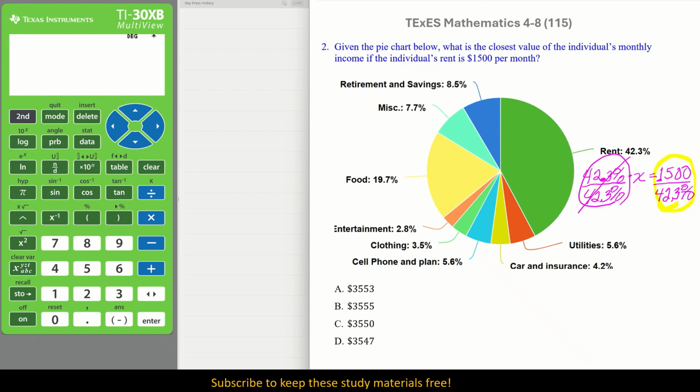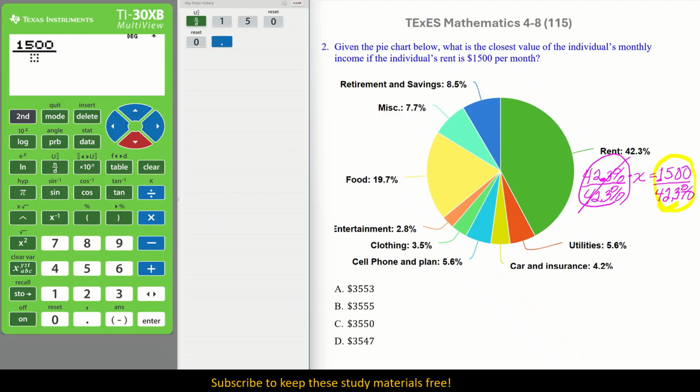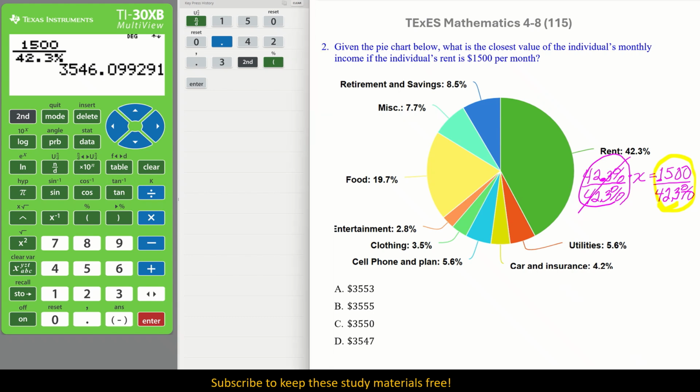Okay, so let's set up our fraction. 1500, go down, and that is 42.3 percent. Push enter, and there's always a little bit of an error. So you look at your A, B, C, D options, and it looks like they're going to round up a dollar amount for us. Okay.